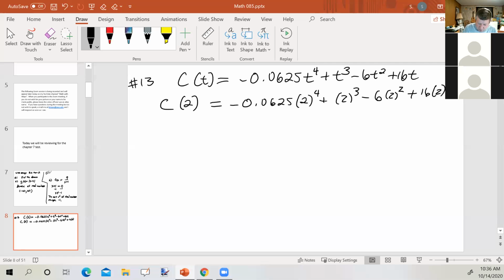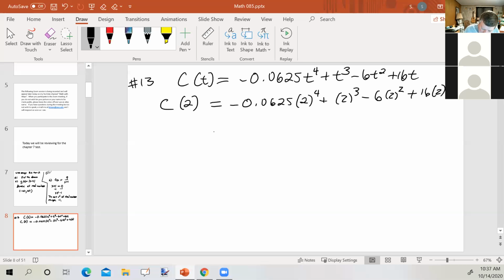Okay, when I do that, I've got negative 0.0625, and then I'm going to go parentheses 2, close parentheses, raised to the 4th power, plus parentheses 2, close parentheses, cubed, minus 6 times parentheses 2 squared plus 16 times 2.